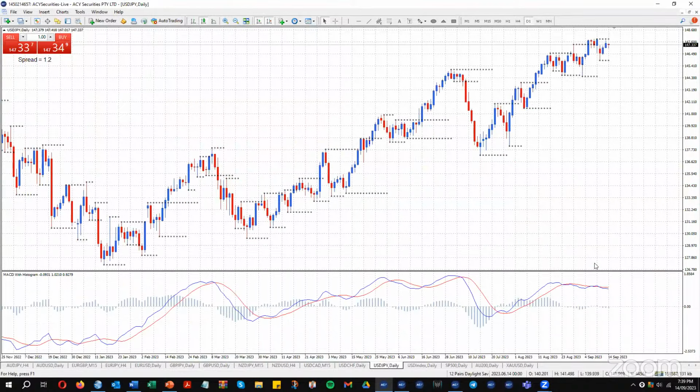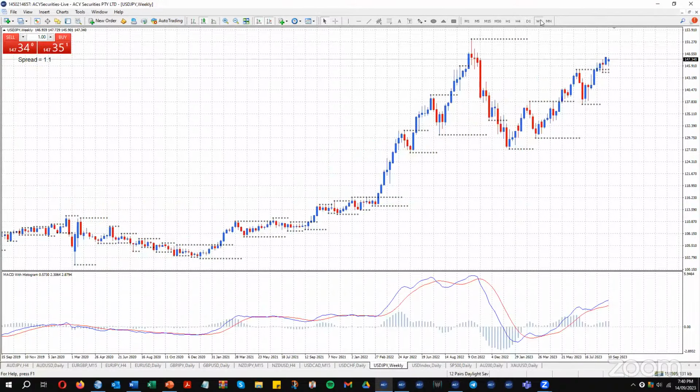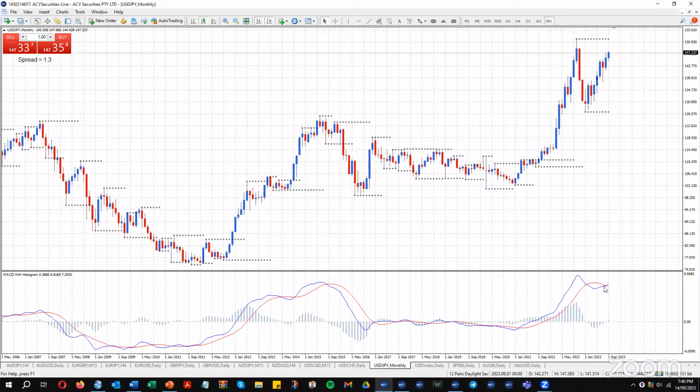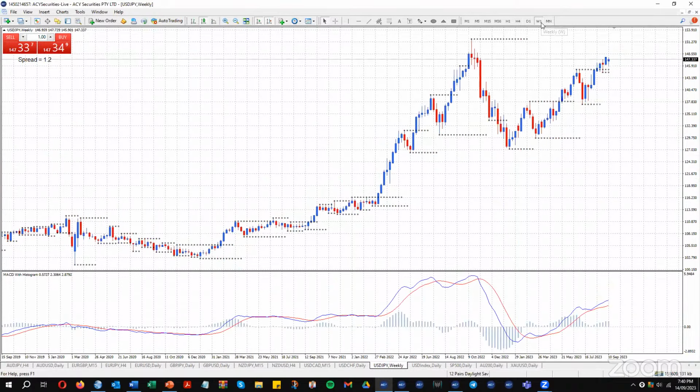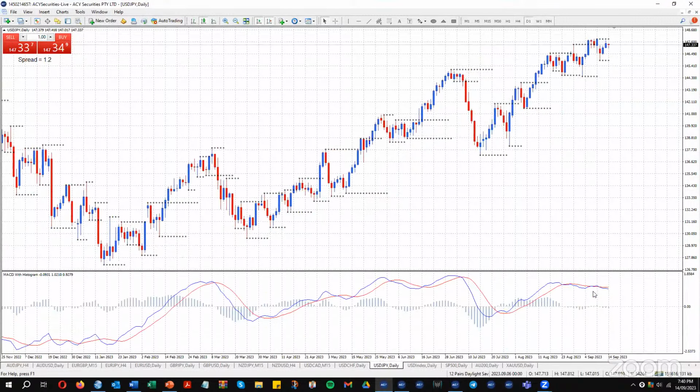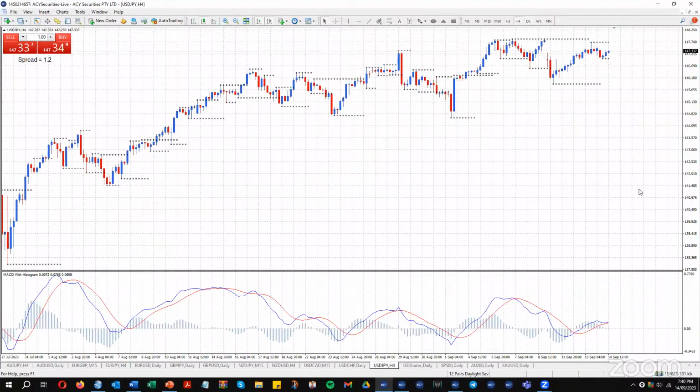So dollar yen, on the day chart perspective here, we've got some divergence. On the weekly perspective, that's not telling us anything other than it's in a trend. And the monthly, that's crossed up. That's just bullish in terms of information. Day chart is divergent. And the 4 hour in this area before dropping down on Monday morning.